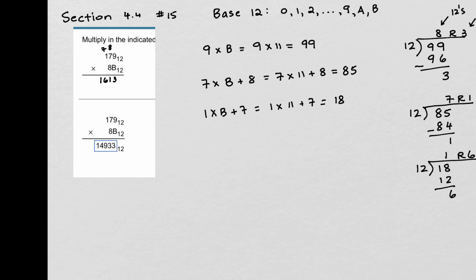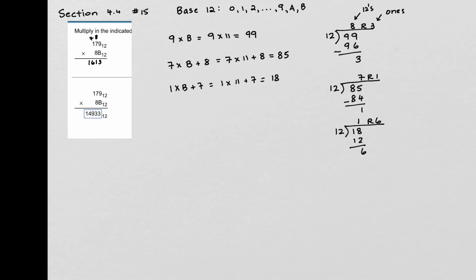and now we're going to multiply each digit by 8. So now it's 8 times 9, and that is 72. Twelve goes into 72 6 whole times.